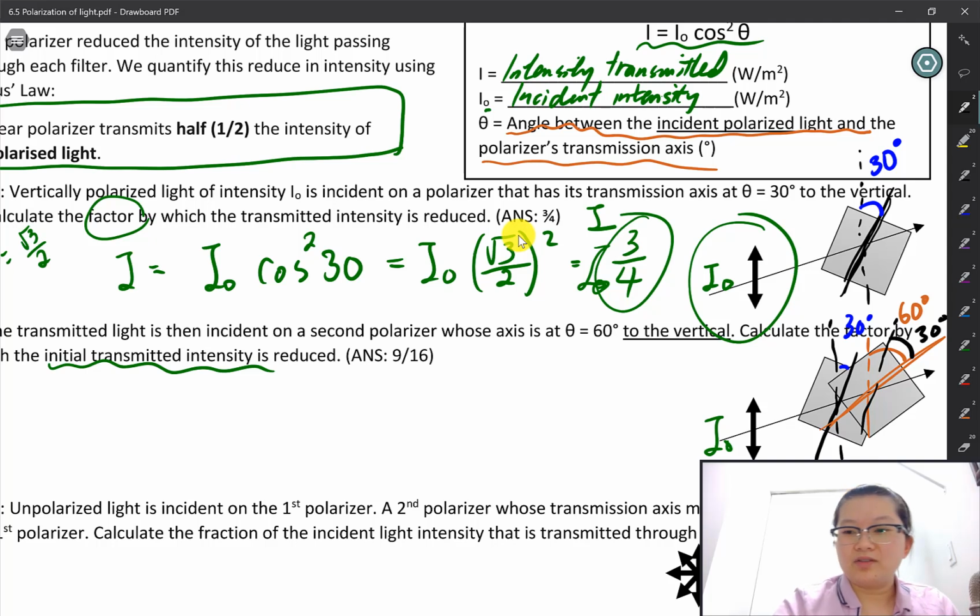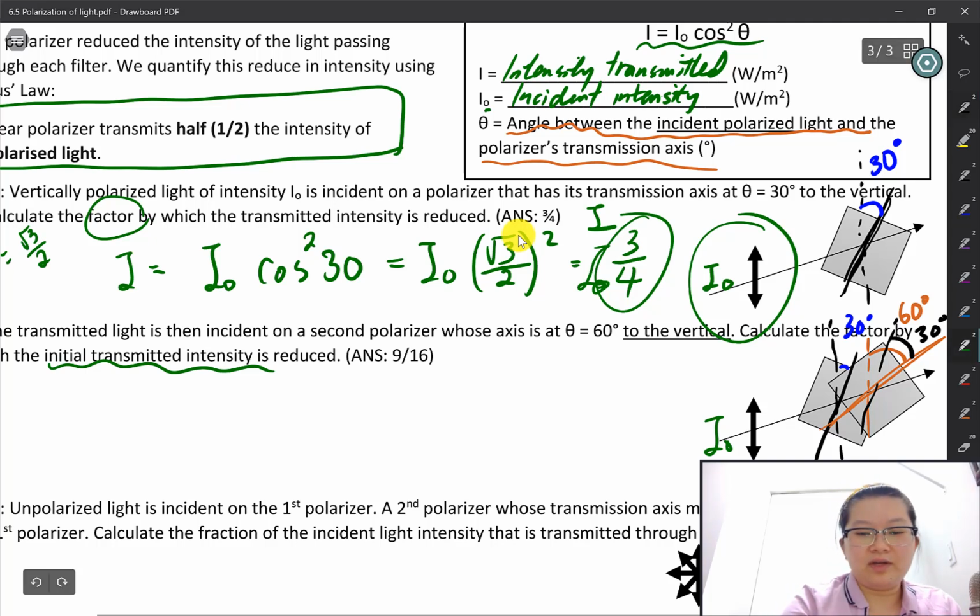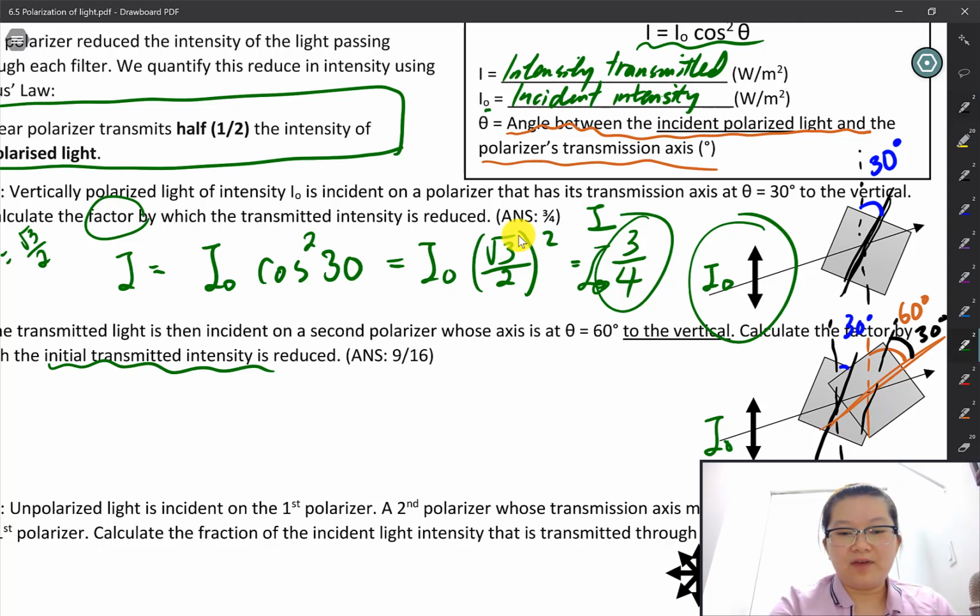Okay? So when we do this question, first of all, we know that the factor going from vertically polarized light through the first polarizer, our light is reduced to 3/4 of our incident.